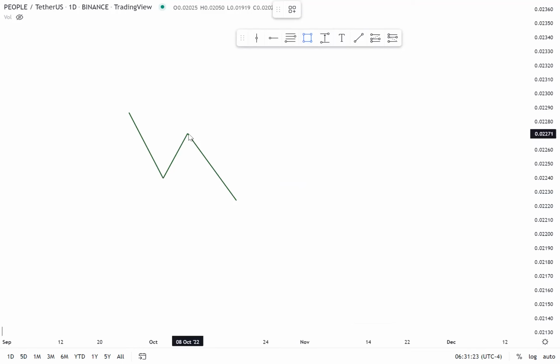The number one thing you have to know is understanding the psychology behind candlestick patterns, right? So now, if you want to sell in this case, because price is selling, and you connect this low, this high, and this lower high together, right?